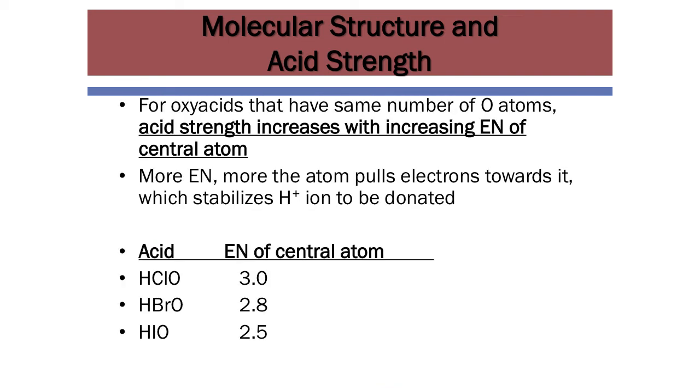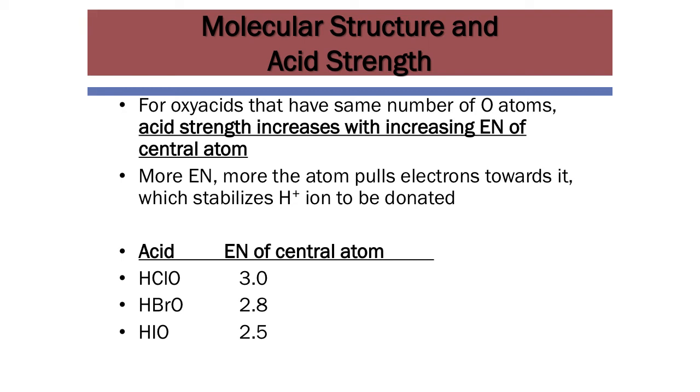So this is here just reiterating what we said on the previous slide. For our oxyacids, if we're comparing things with the same number of oxygen atoms, their strength will increase if the central atom has a higher electronegativity, because with a higher electronegativity on the central atom, it's going to allow the hydrogen ions to be donated easier.